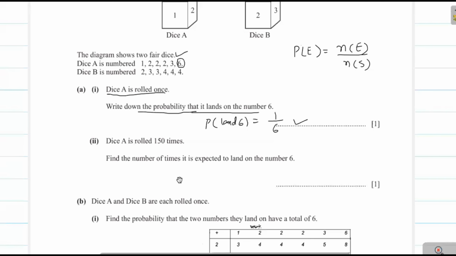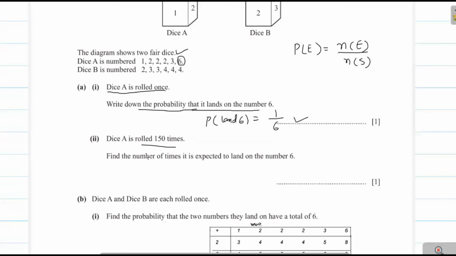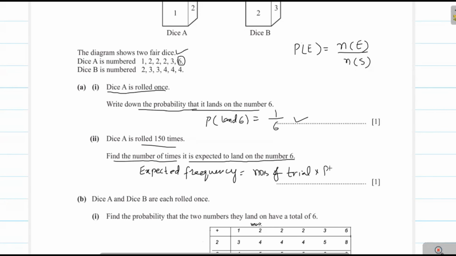Next, dice A is rolled 150 times. Find the number of times it is expected to land on the number 6. And here we have to find the expected frequency. This expected frequency is equal to the total number of trials multiplied by the probability of that event.